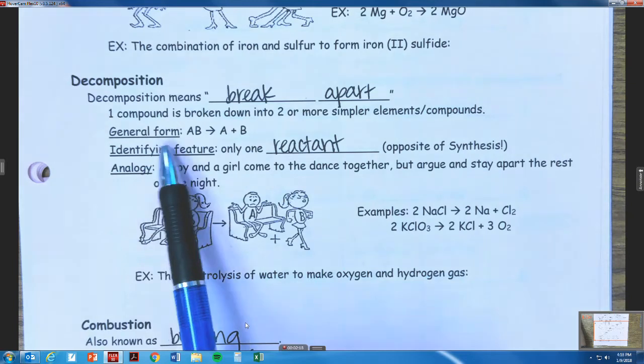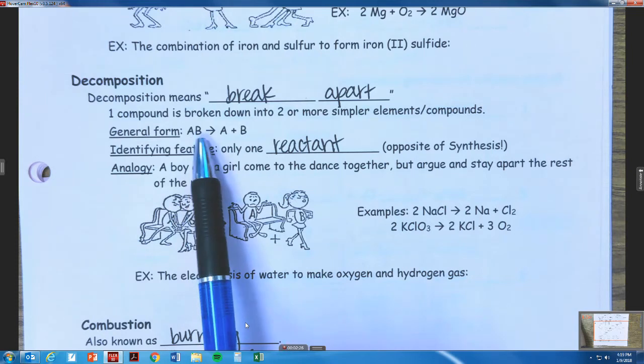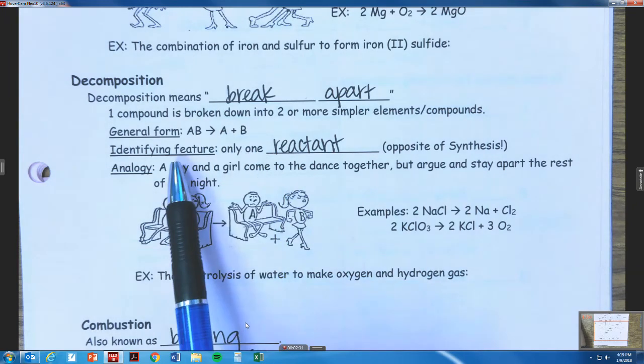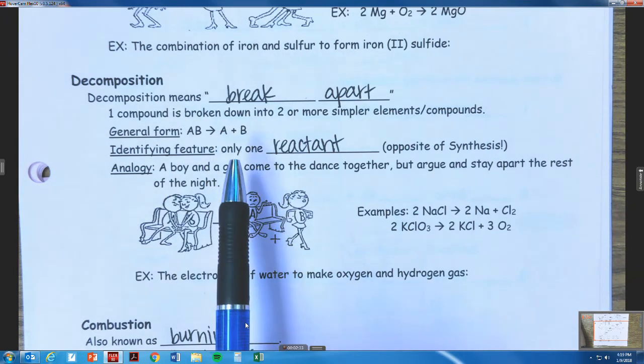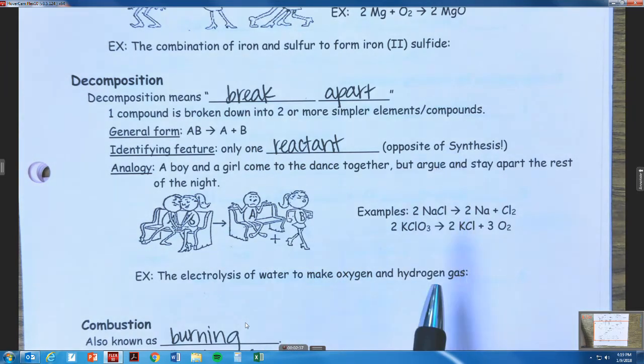So our general form is the opposite of synthesis. You start with a compound and you break it apart. Your identifying feature is that you only have one reactant. Again, it's the opposite of synthesis.